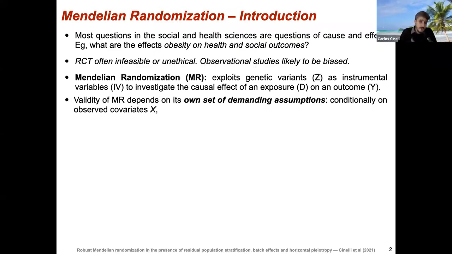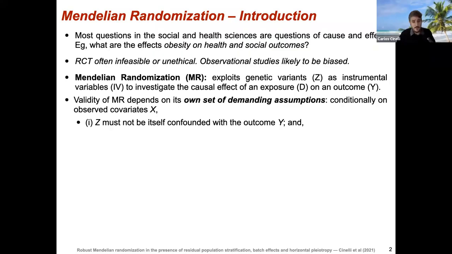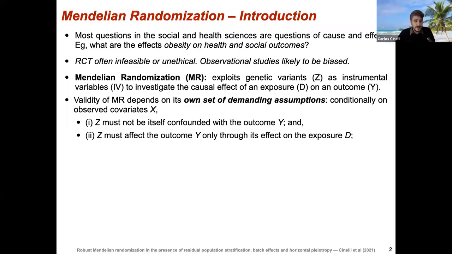But that doesn't come for free. So the validity of a Mendelian randomization study depends on its own set of demanding assumptions. Specifically, conditioned on some observed covariates X, we must have that our genetic instrument is not itself confounded with the outcome trait Y, and our genetic instrument must affect outcome trait Y only through its effect on the exposure trait D. We also have a relevance condition, meaning that the genetic instrument must be associated with the exposure trait D. But here, this is not our main focus because that's mostly a statistical question.